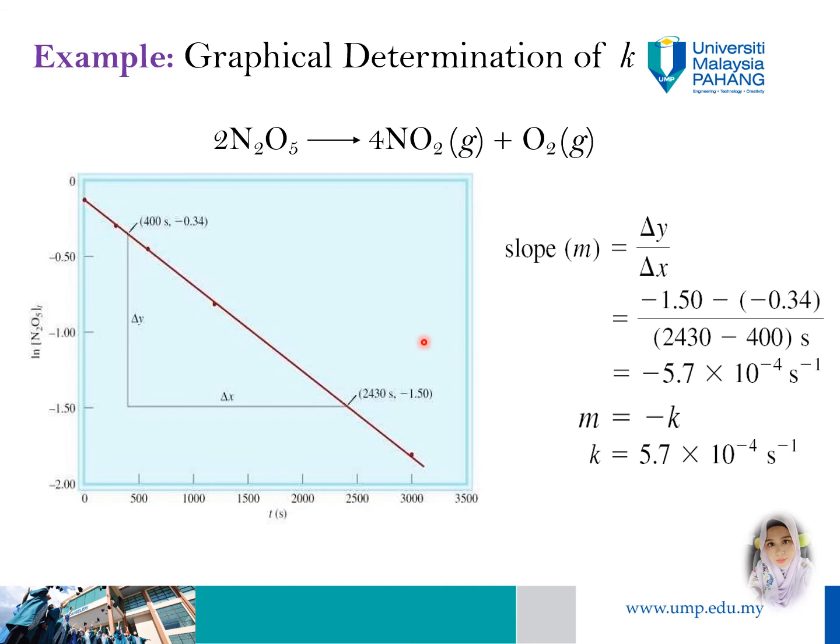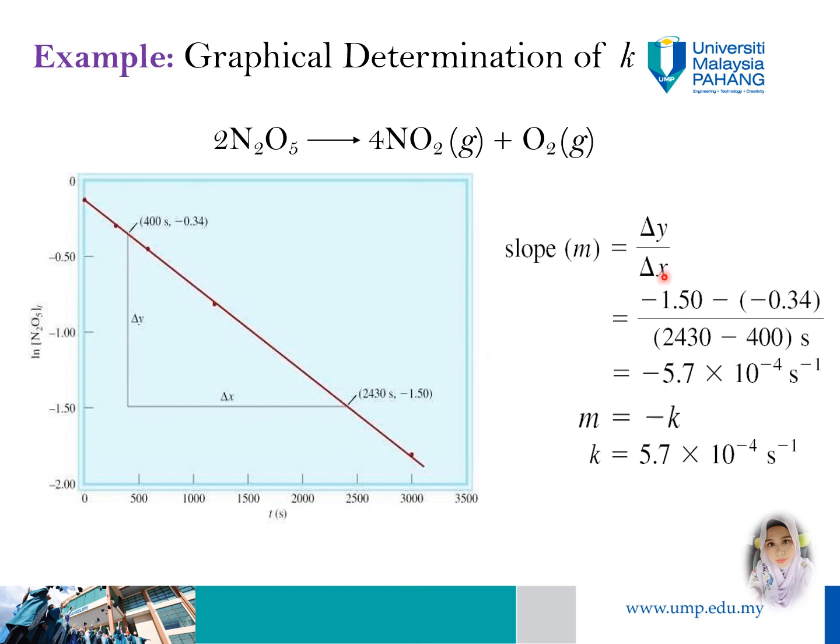Okay, how to determine the value of constant K by graphical determination. Let's say you have a decomposition of nitrogen pentoxide, which is a first order reaction. For the first order reaction, you need to plot the graph of ln concentration versus time, and from the straight line you can determine the tangent or the slope.